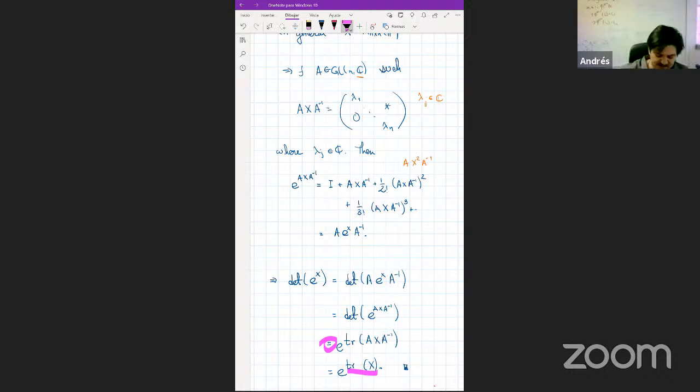So that's why the trace of something like this is the same as the trace of x. The trace is invariant under conjugation. Great. And in that way, we are done.